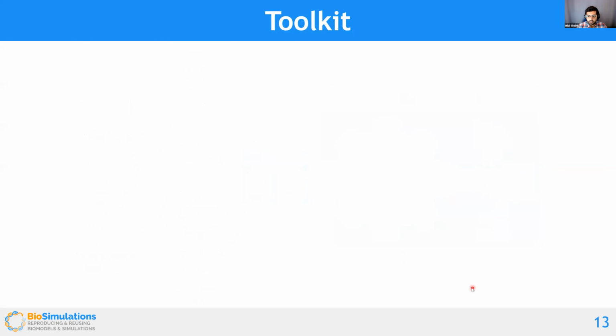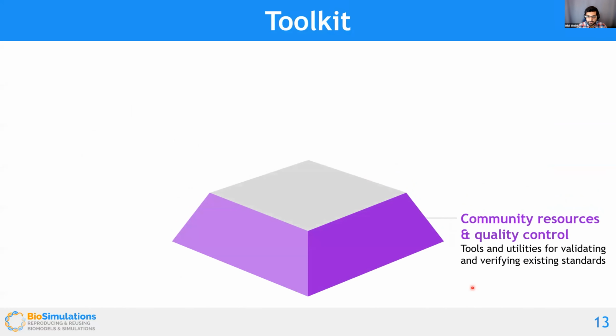This toolkit is built on the community resources and quality control that essentially already exist. Like we've been discussing throughout the past week, and like I mentioned earlier, the community has already created quite a bit of resources to enable this standardization and interoperability.